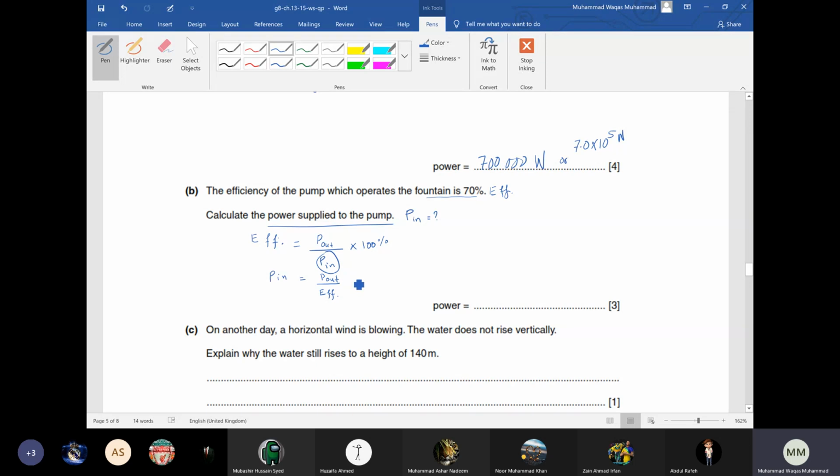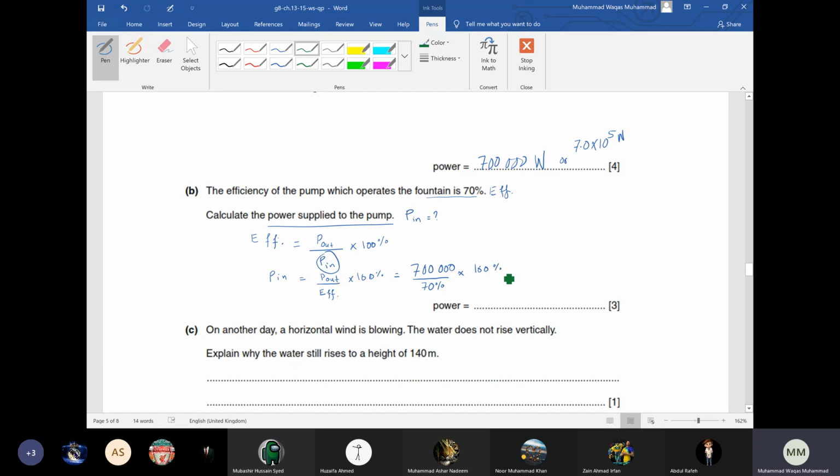And then 100%. Then we substitute the values. What is the value of power output? 700,000. Divided by what is the efficiency? 70%, right? Multiplied by 100%, right?